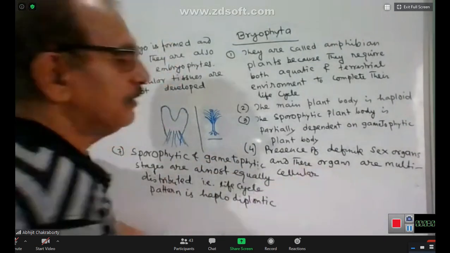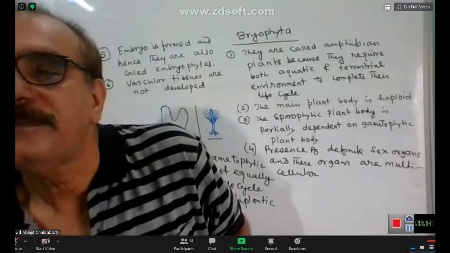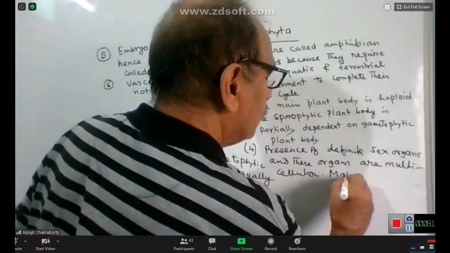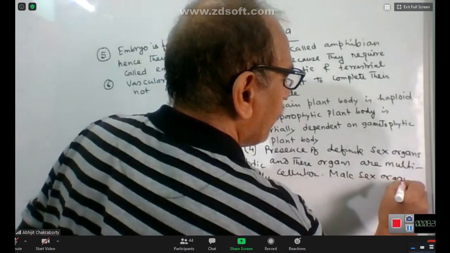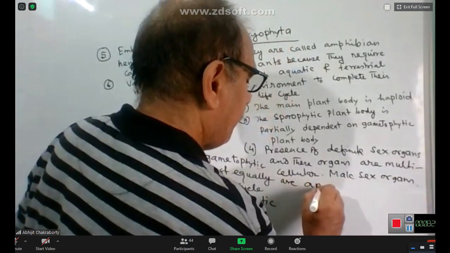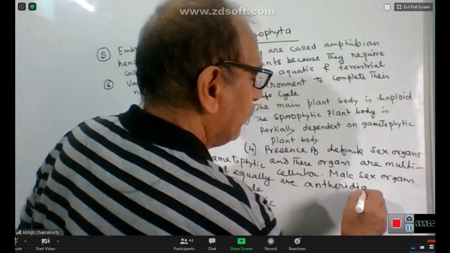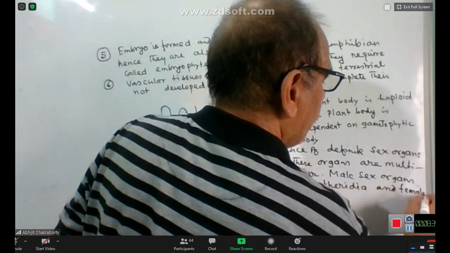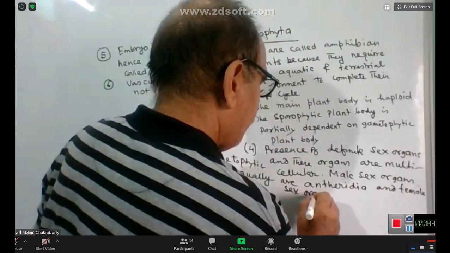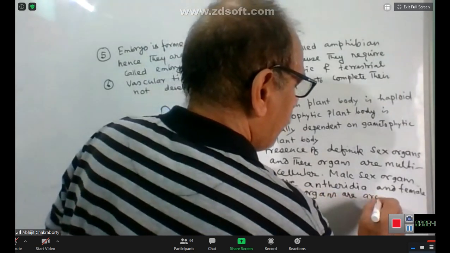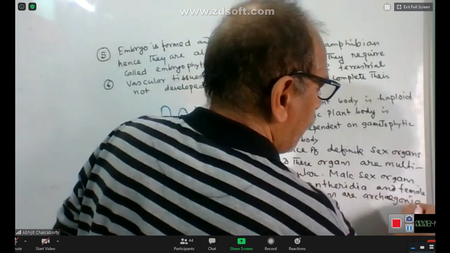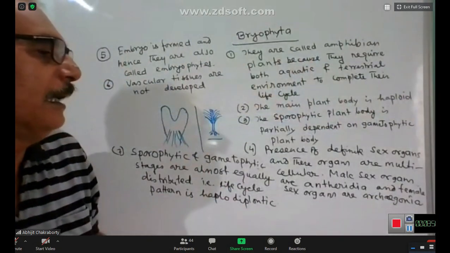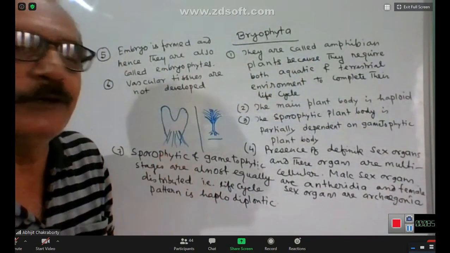Regarding the sex organs, you shall add here: male sex organs are antheridia and female sex organs are archegonia.